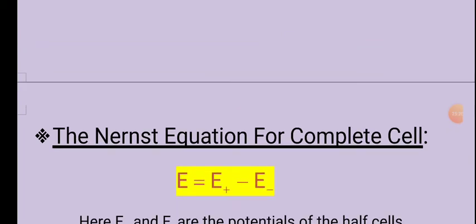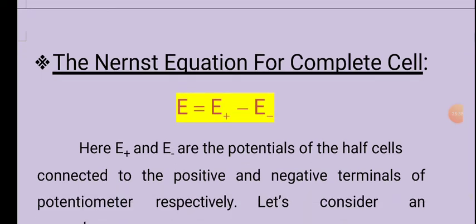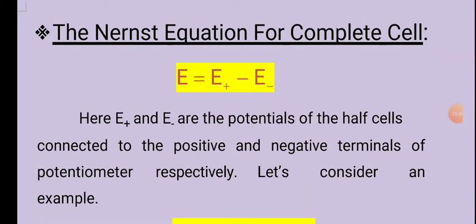So if I think about the E cathode and E anode, for the complete cell, E is equal to E cathode minus E anode, which is also written as E plus minus E minus.